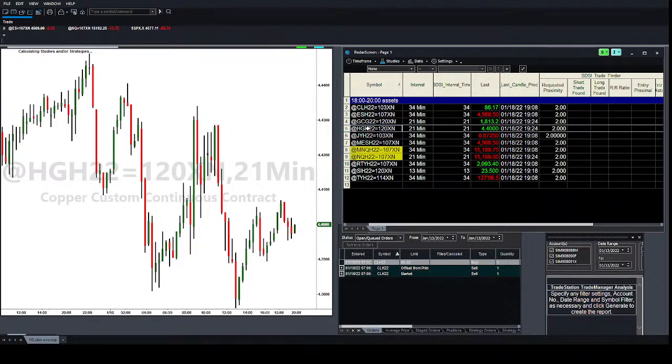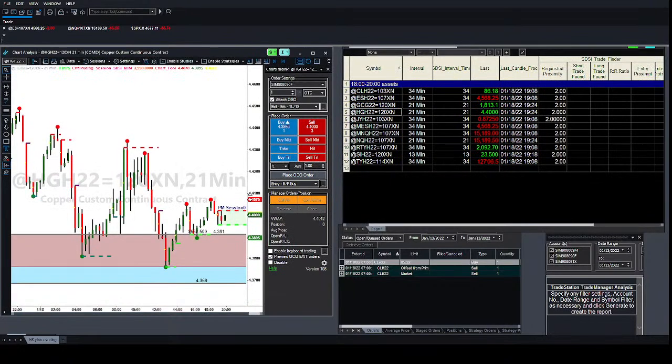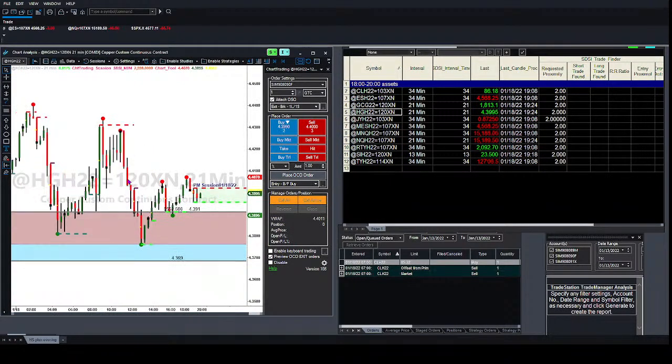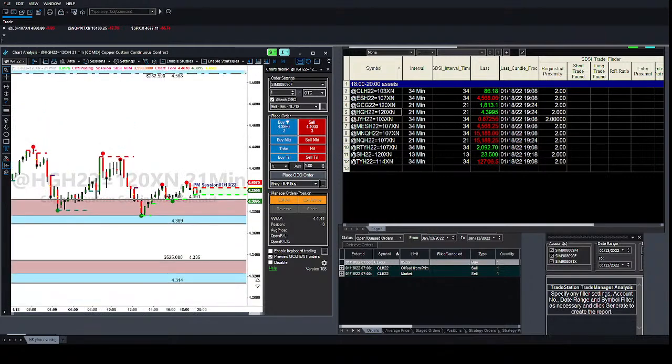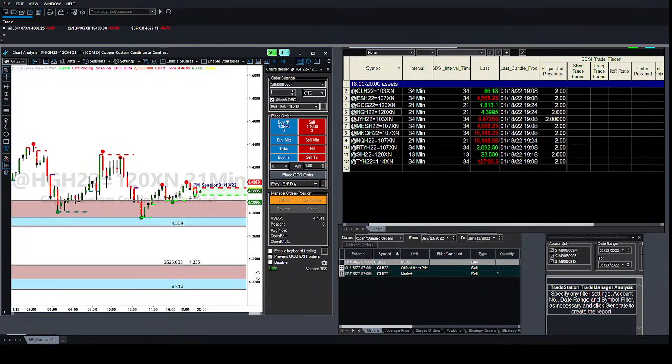Do you guys use chart trading or do you use the matrix? I use NinjaTrader. I don't trade on TradeStation. I only use TradeStation for charting. Yeah, NinjaTrader is very good actually for trading. I do chart trading on both Ninja and TradeStation.